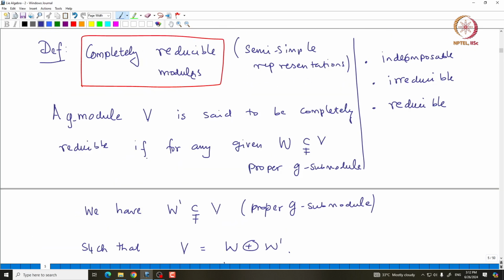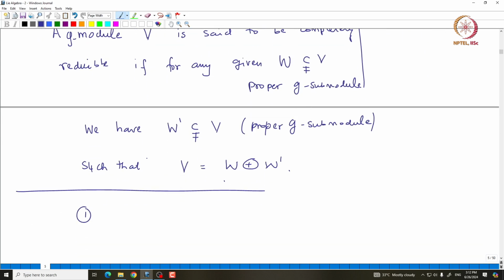So, it is said to be completely reducible if for any given proper G submodule you have a complement. This W dash is called the complement of W in capital V. Okay. Given any proper W, we always have a complement, that is what it says.